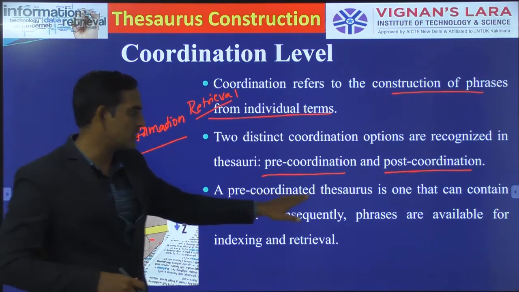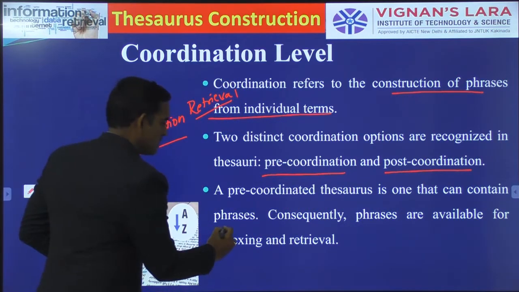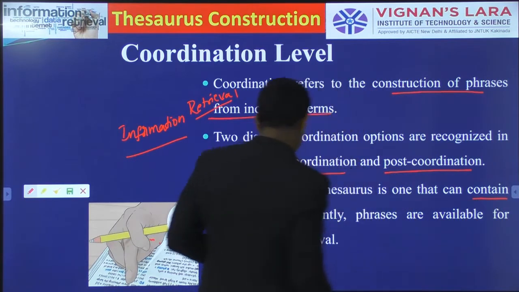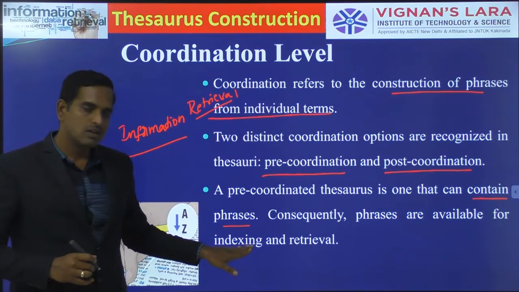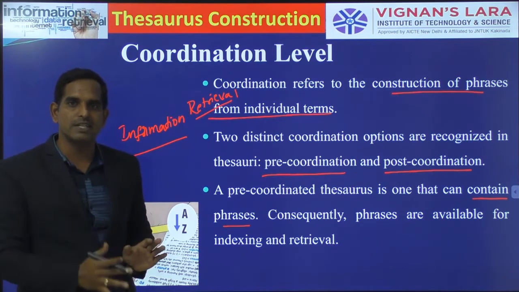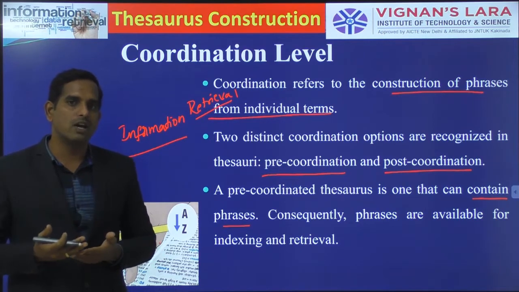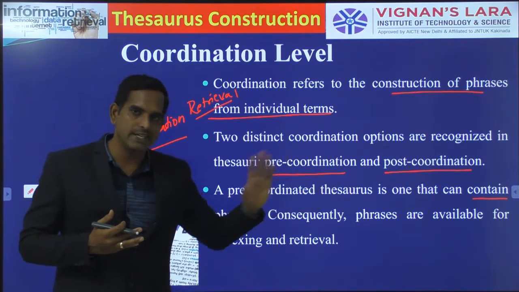A pre-coordination thesaurus is one that contains phrases. That is, beforehand you try to create the complete set of phrases which can be present in your system. This is what we call a pre-coordinated thesaurus.